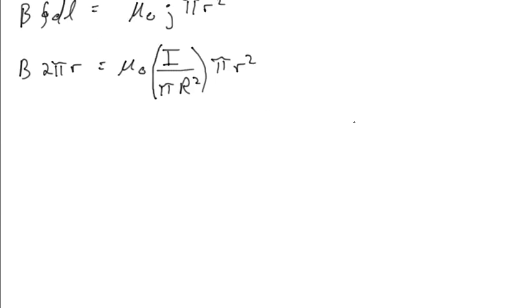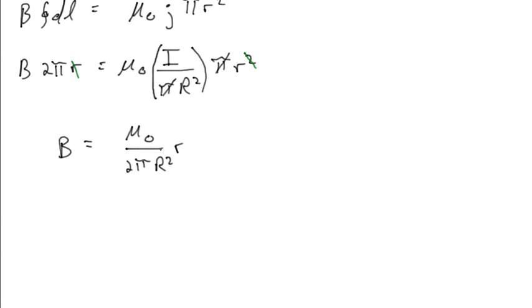So what do we have here? This pi cancels this pi. Pi over pi is 1. One of the r's cancels out on this side, and I'll divide both sides by 2 pi, so I get B is equal to mu 0 I over 2 pi R squared times little r.